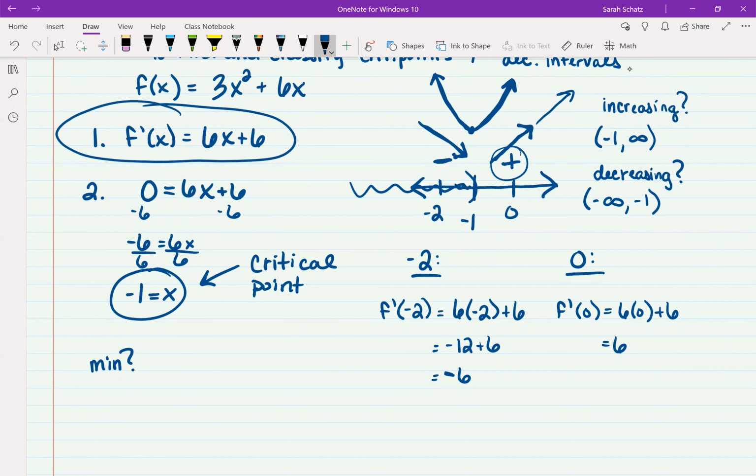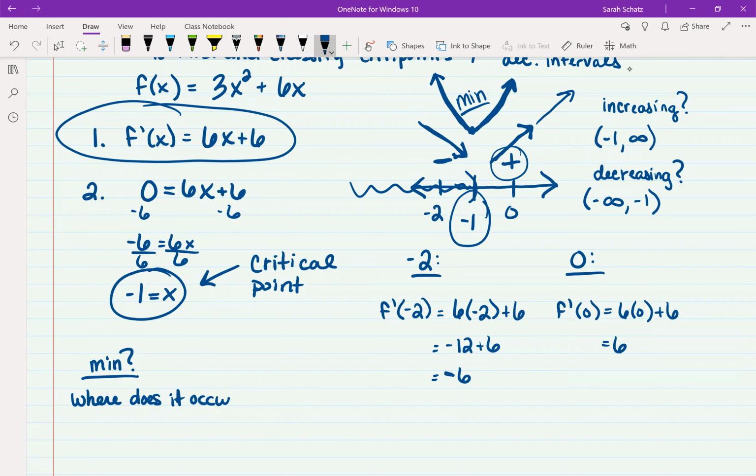And even though I don't have an actual graph of the function, I do have a very clear picture of which one my critical point is. If it is going down and then it hits this point and it starts going back up again, this has to be a minimum critical point. So you can just see it from the picture and you'll know it's a minimum. So if it says, is there a minimum? Here's what it's going to ask for. It's going to say, where does it occur?